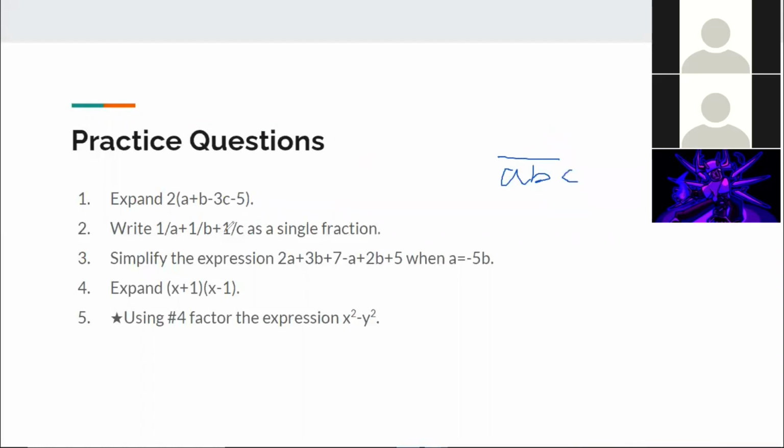And then for the numerator, you divide ABC by A, so that's BC. And then ABC divided by B, so plus AC. And then ABC by C, so plus AB. So that's our fraction.